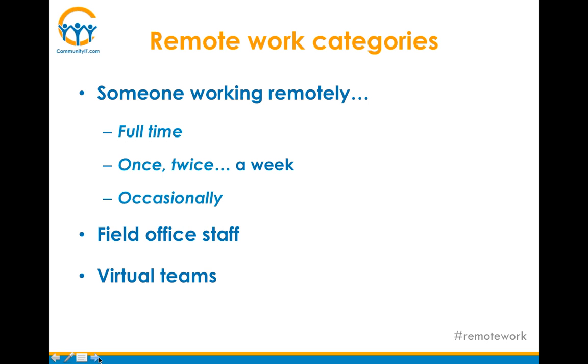The last category is virtual teams. This is a scenario where, for example, a small nonprofit or small business has everyone working from separate offices, and they collaborate on various data, information systems, etc. For the purposes of this webinar, we're looking at solutions for these 3 categories.